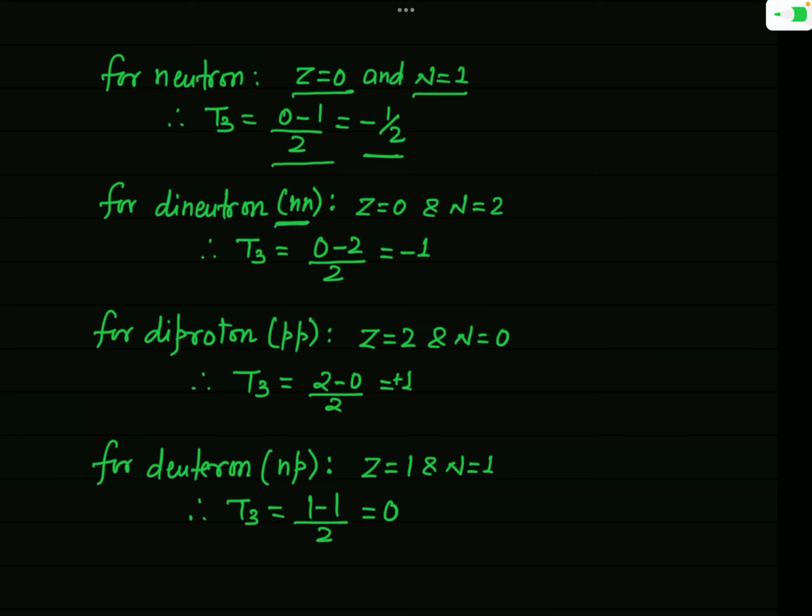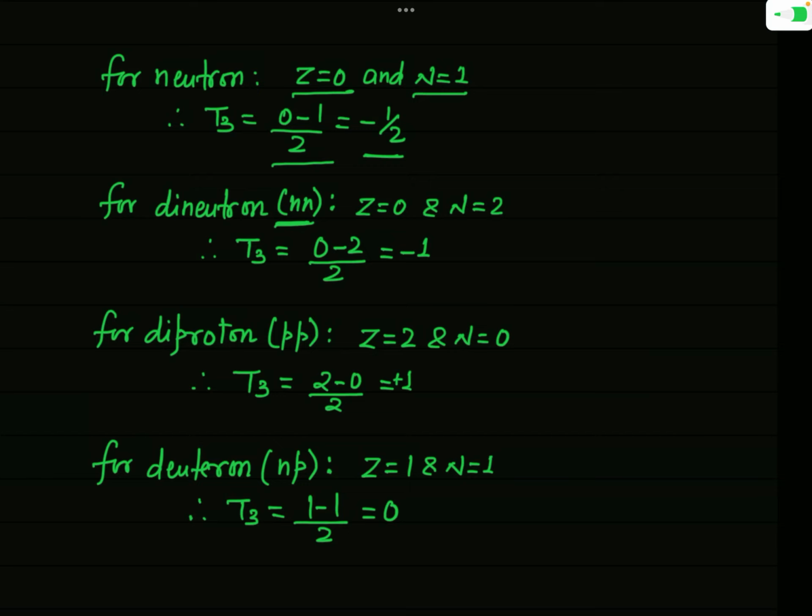In fact, this dineutron is not a stable system. It is not stable, okay? But it is possible to construct a system which contains only two neutrons, okay? But remember, this is not stable, okay?